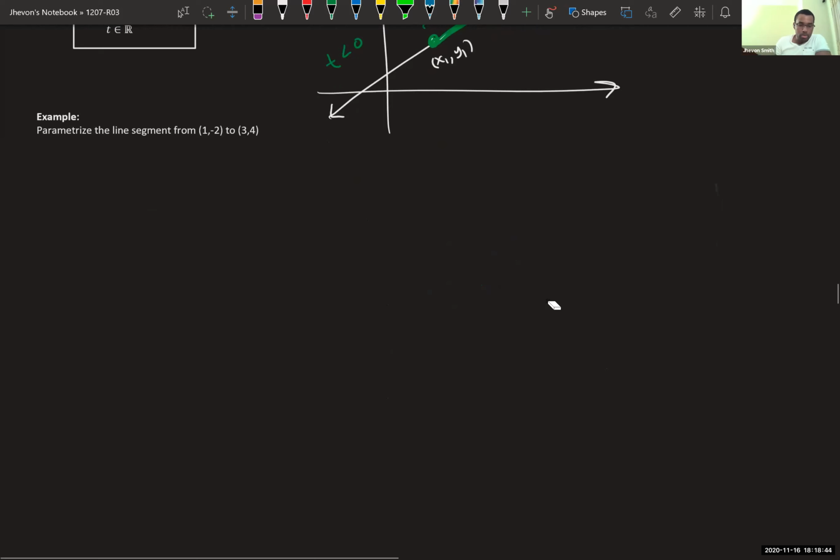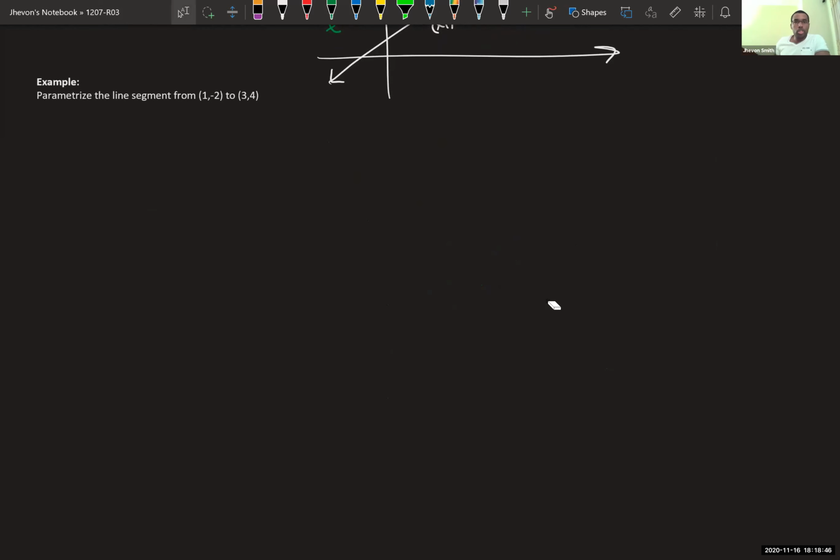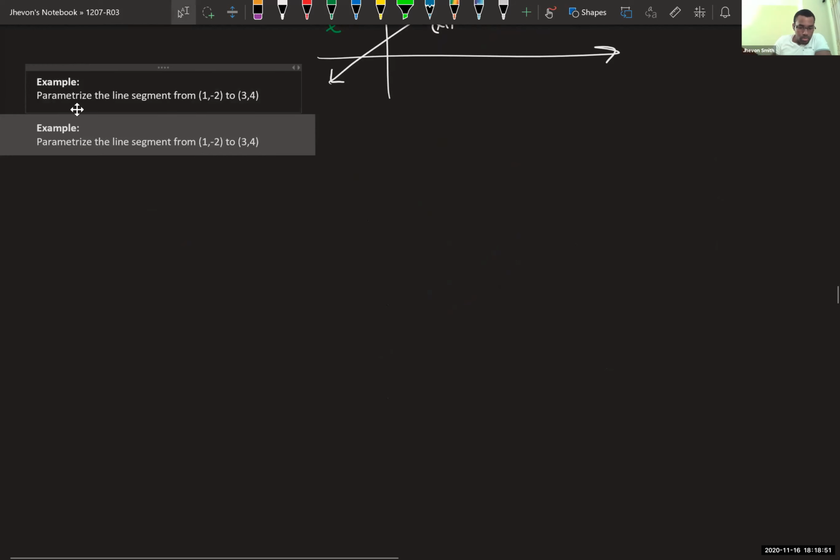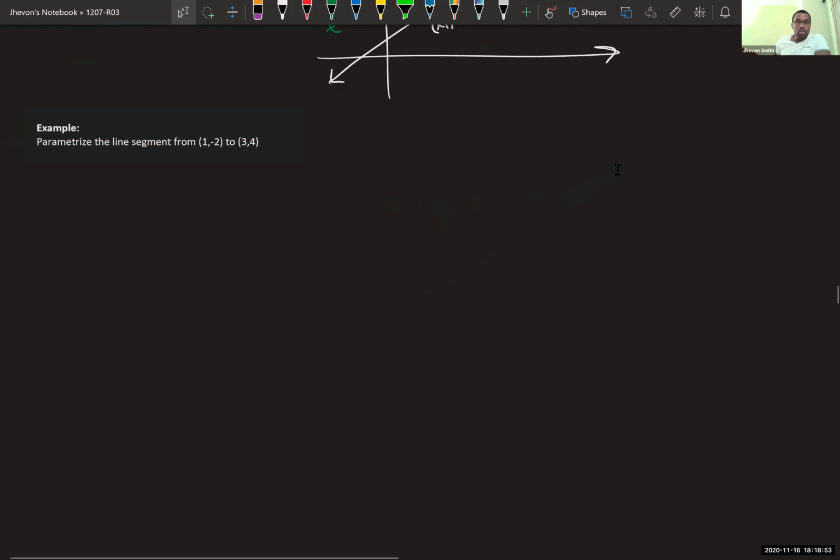So for example, let's say I wanted to parameterize the line segment from this point to that point. You don't have to actually draw this, but I'm just going to draw it because, you know, I can. So I'm at, say, 1 comma minus 2.